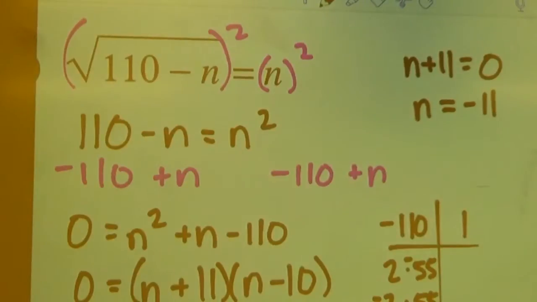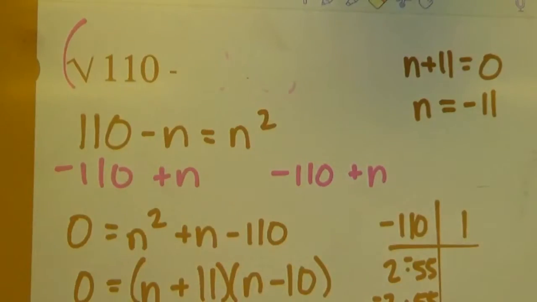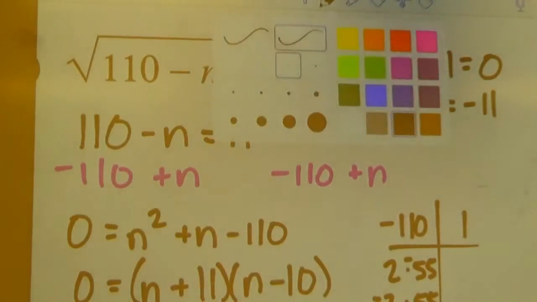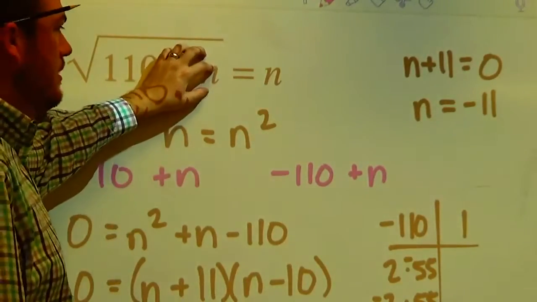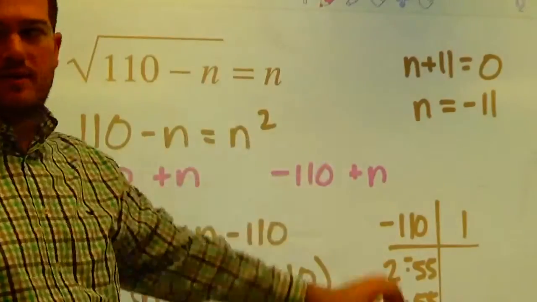Now, what we're going to do is I'm going to pretend like that's not there. Yeah, we squared it before, but now when we plug it back in, we're not paying attention to the squaring. We're just going to plug it in. So I'm going to plug in negative 11 here and negative 11 here and see if they're equal.